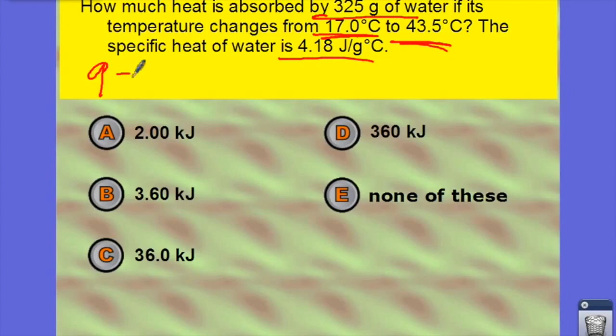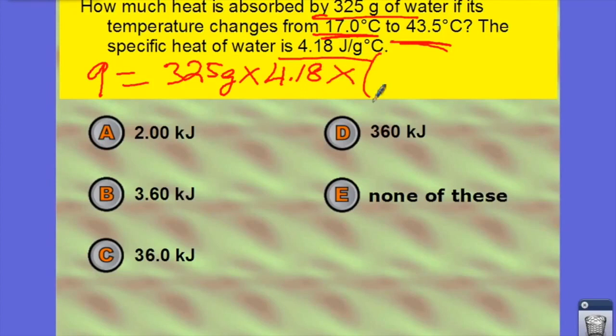This is our Q. This is our MCAT. The mass is 325 grams times the specific heat of water, 4.18, times the change in temperature, 43.5 minus 17. So what is the answer? I heard C. Let me see.